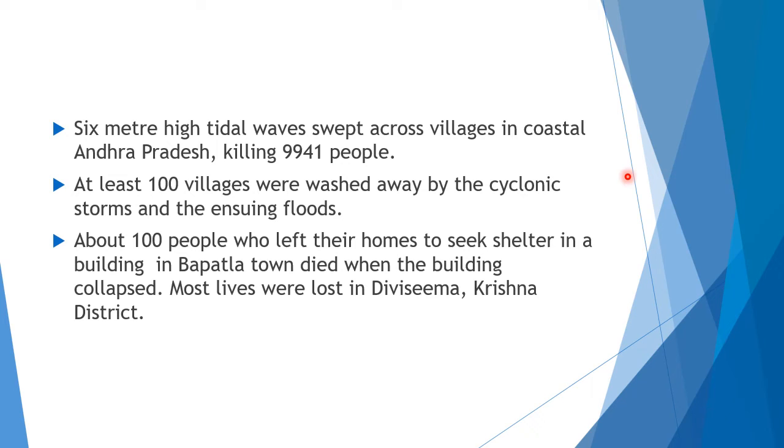Even daily wage workers may lose their work, and many of their earning people. Suppose in a family the father is the earning person and that person has died, they have lost their earning person. Even after the cyclone, to recover may take a long time, because they lost everything.